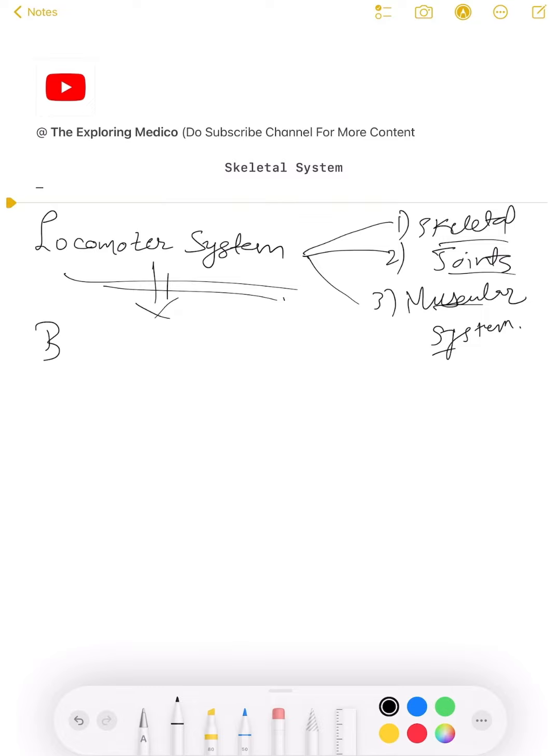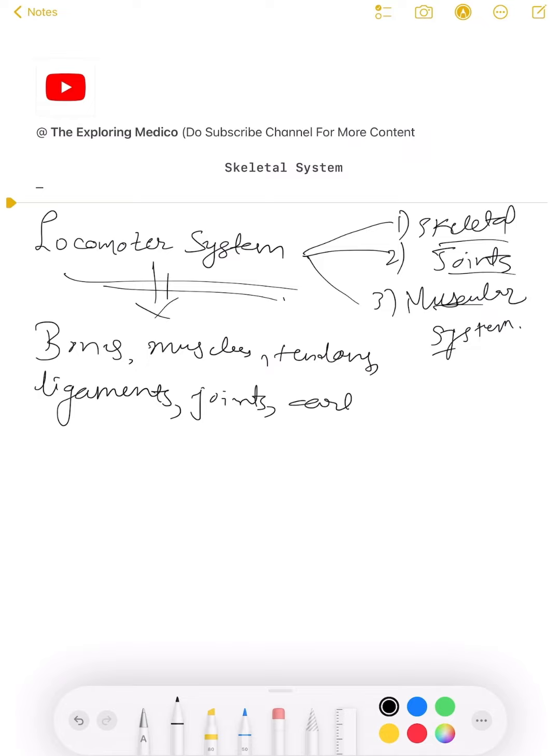Then you can say it is comprised of bones, muscles, tendons, ligaments, joints and cartilages. Sorry for this handwriting, but you have to somewhat accommodate. It will improve by time. So this was all about our locomotor system and a minor introduction.